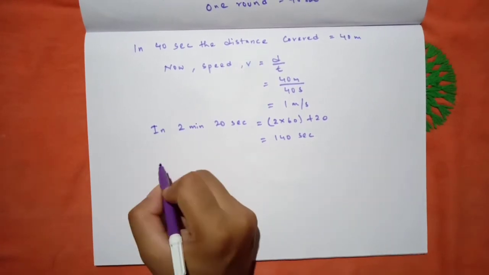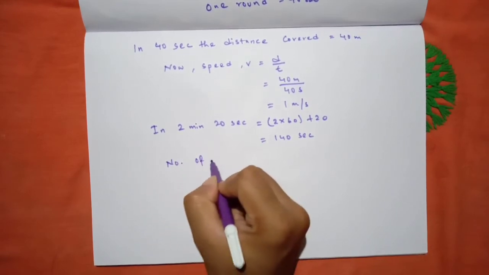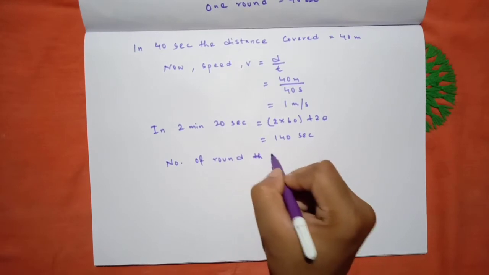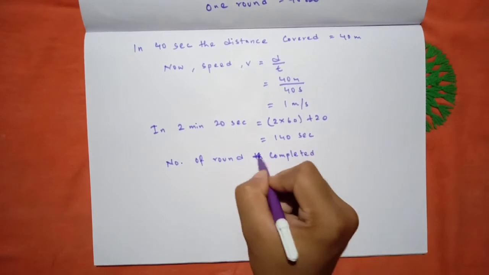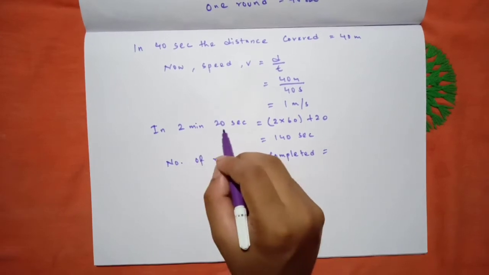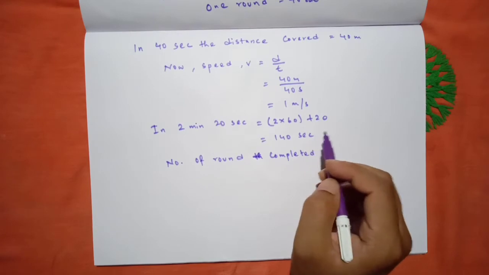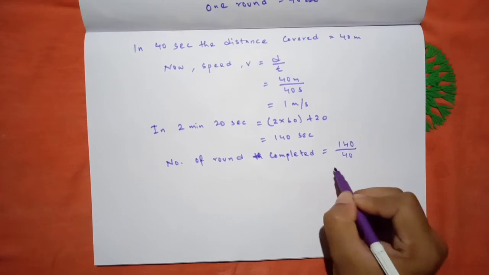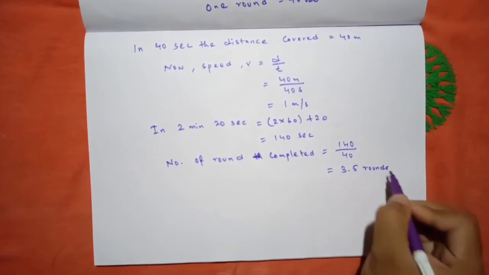Now we have to take out the number of rounds the farmer completes. The number of rounds completed will be the total time, 2 minutes 20 seconds, divided by the time taken to complete one round, which is 140 by 40, equal to 3.5 rounds.